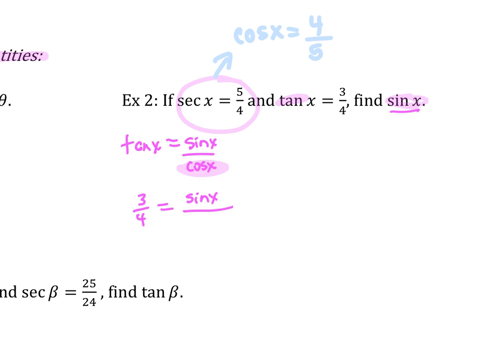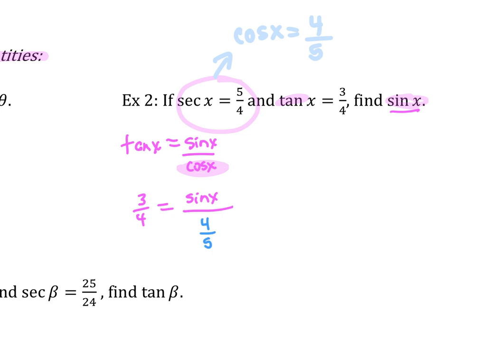All right, so now let's plug that in. I'm going to plug that in in color just to help color code things. So 3/4 we were given. That's what tan is equal to. We have to figure out what sine is equal to, but we know what cosine is equal to because we can think reciprocals, right? And so we can write this as 4/5.